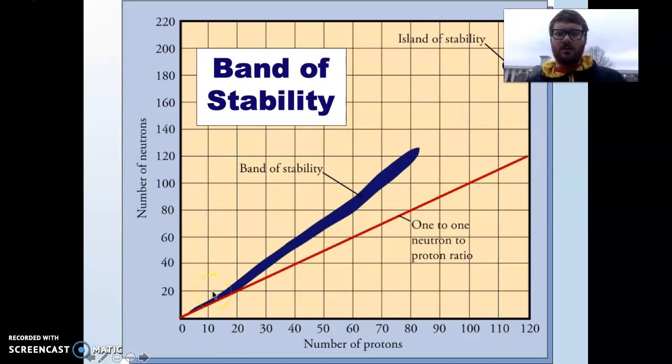If you get up to 20, you can deal with a very unstable sodium. Or maybe you're dealing with an atom that's 56, like iron. Well, iron is stable up to about 85 neutrons, but if it had 56, it would be very unstable. So you can see there's a band of stability. Anything outside of that is unstable. It may spontaneously break apart.